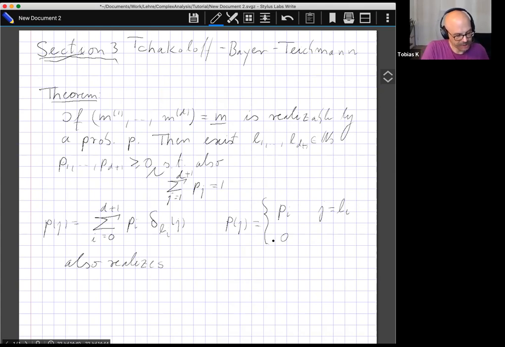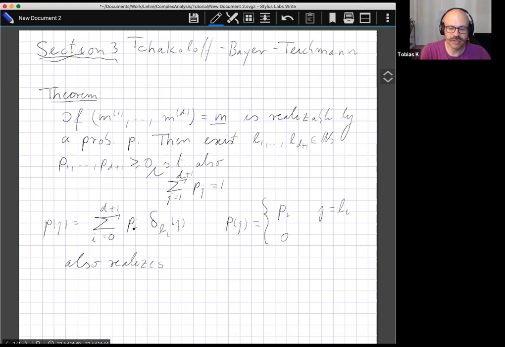Okay, I wanted to prove the Chakalov theorem, but I don't think that I have the time to do that. And so I don't want to rush through that. I want to come to the part which is more important to finish my storyline. The Chakalov Bayer-Teigmann theorem actually works also in general if you have not only a probability on N, but a probability on an arbitrary subset of a finite dimensional space R^D.